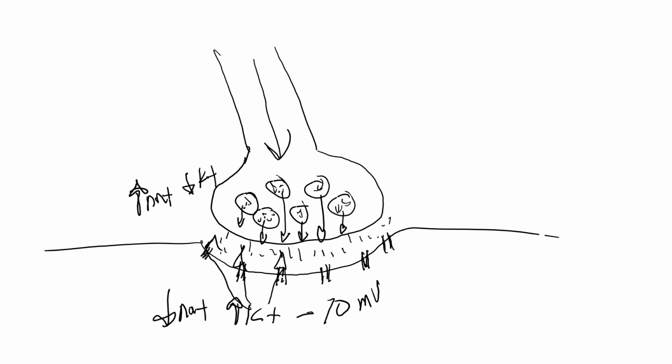Yes, some potassium theoretically is going to leave, but in reality, the amount of potassium that's leaving is quite insignificant because there's a very strong electrical driving force pulling potassium back, so its drive to leave is heavily reduced. Yes, it still has a chemical driving force to leave, meaning a diffusion gradient. It wants to go from the inside where it's high to the outside where it is low.